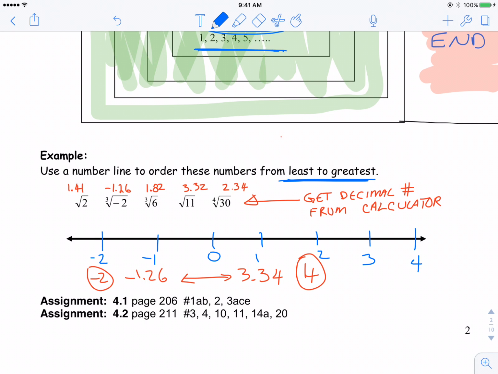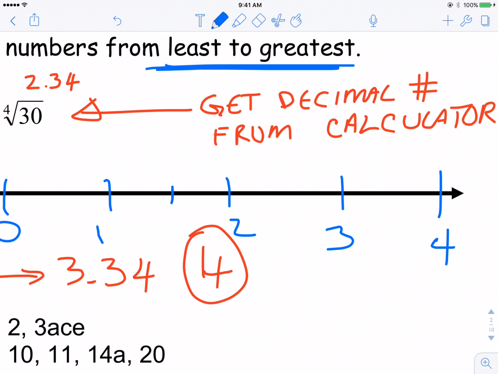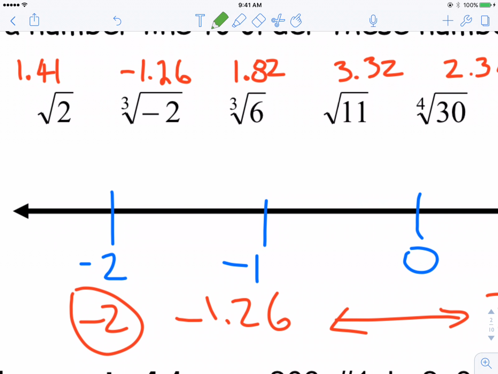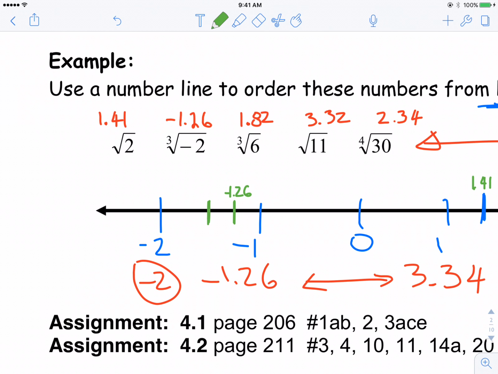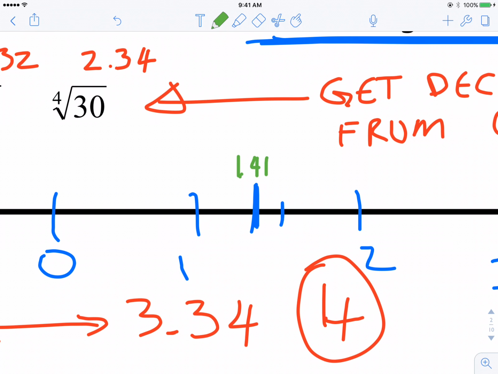And plot the numbers. 1.41 is going to fall between 1 and 2 somewhere, a little bit less than half. So here's half, and I'll put 1.41 here. Our second one is -1.26. It's going to fall somewhere between -1 and -2. Here's -1.5, so -1.26 might be in here somewhere, a little bit closer to -1 than -1.5. 1.82 is going to fall between 1 and 2, but above 1.5, maybe just a bit past it.